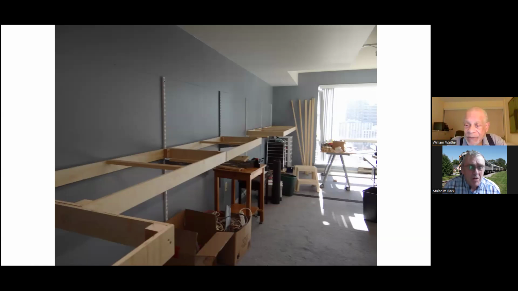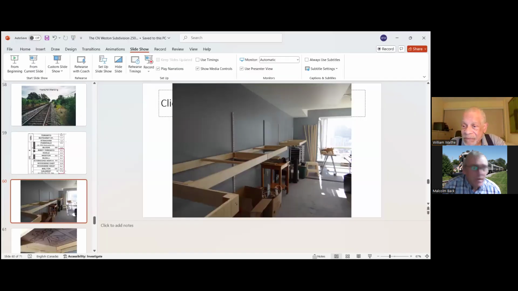You should tell them about your spanning the big window there. Oh yes. Because it's a condominium, there are regulations about the windows.